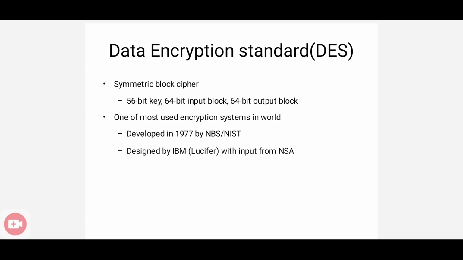So what are the inputs and outputs for DES? We have two inputs for the DES algorithm. First one, plain text, and the second one, key. Plain text is 64-bit length and key is 56-bit length. And we will get a 64-bit output, or cipher text.